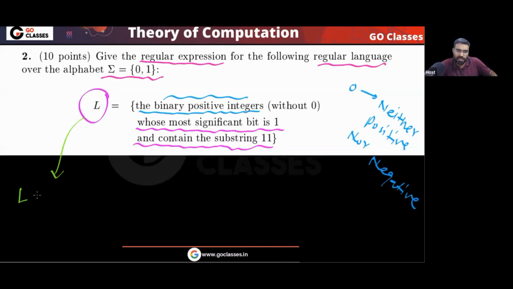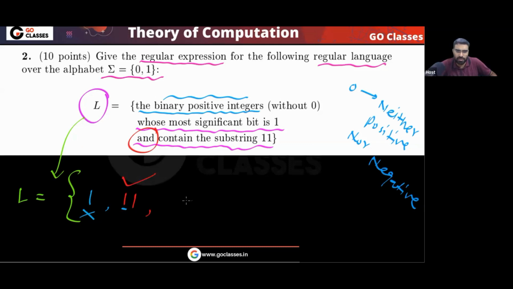This language L, remember, has this type of strings. For example, do I have this string in this language? No, this string is not there, because it must contain the substring 1, 1. Does this string belong to L? Yes, because it contains 1, 1 and the most significant position is 1.